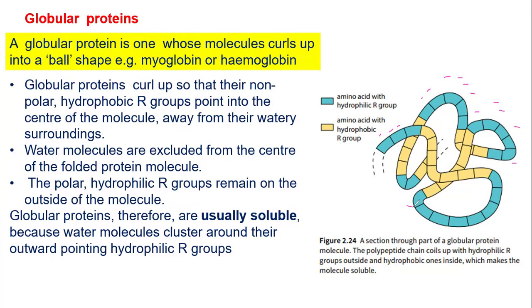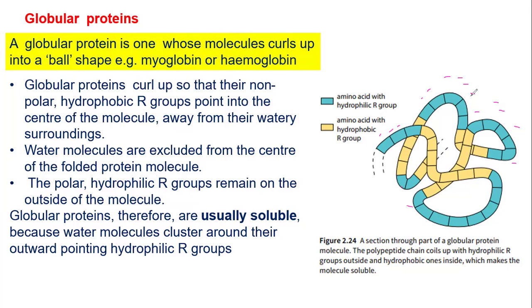But the hydrophobic ones, remember, are insoluble, so they tend to hide away from the watery environment. This means that water molecules can never reach the center of this protein. The water molecules keep being repelled away from the center, and they only remain on the outside. So that is how a globular protein is.